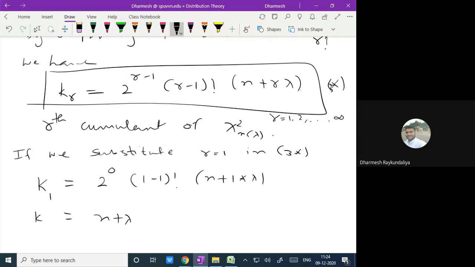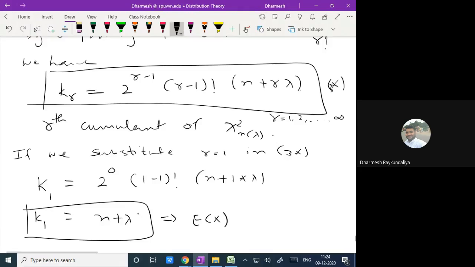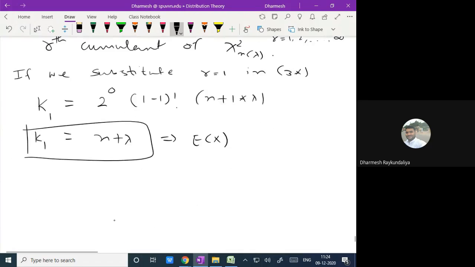And we know that the first cumulant is nothing but the mean of x. So whenever x is a non-central chi-square distribution, what is the mean of the non-central chi-square distribution with n degrees of freedom and non-centrality parameter lambda? It is n plus lambda.